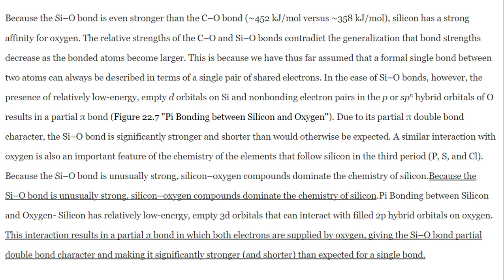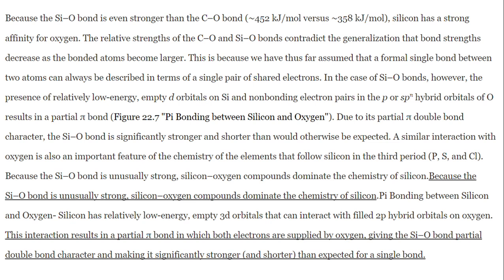The relative strengths of carbon-oxygen and silicon-oxygen bonds contradict the generalization that bond strength decreases as the bonded atoms become larger. This is because we have thus far assumed that a formal single bond between two atoms can always be described in terms of a single pair of shared electrons.